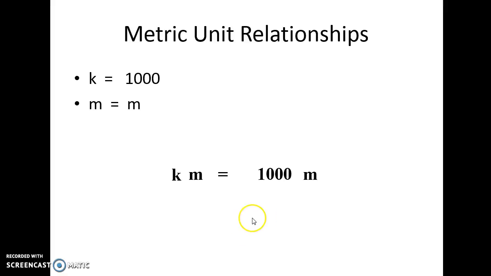Now all I have to do is put meter after kilo and meter after 1,000. This is mathematically correct because if I multiply both sides of an equation by the same thing, I haven't changed the equation. So now you see that kilometer is equal to 1,000 meters. And I can use that in conversions.